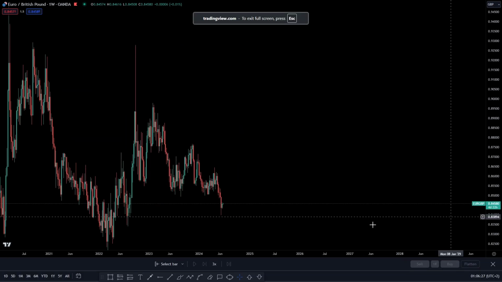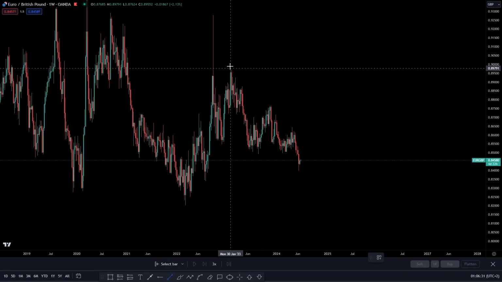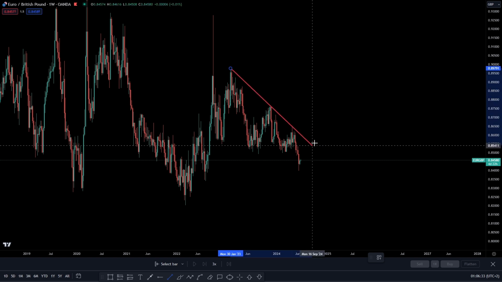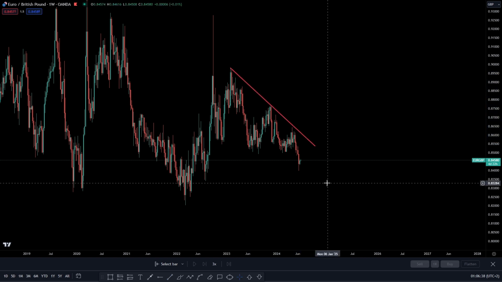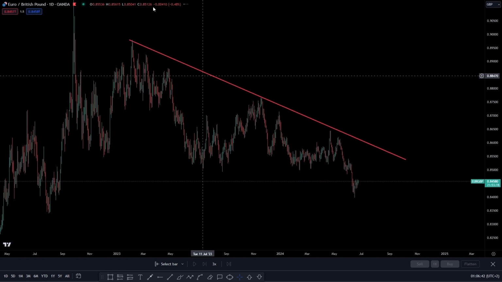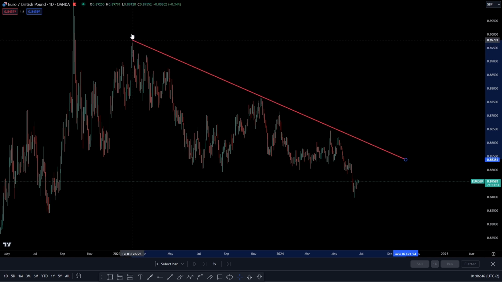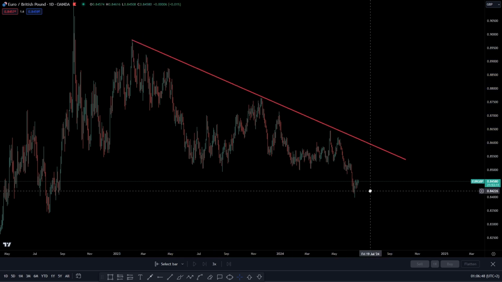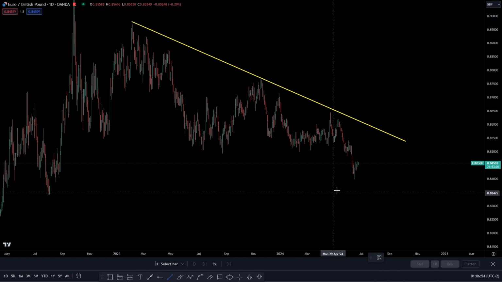On the weekly time frame, I can see this massive structure. Actually, let's go to the daily time frame. I feel like the daily is too big of a time frame for what I want to do. We have the structure.